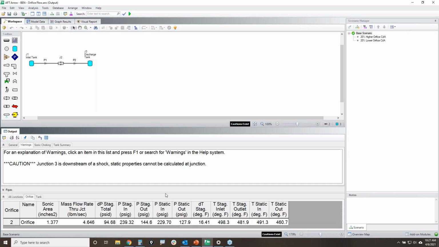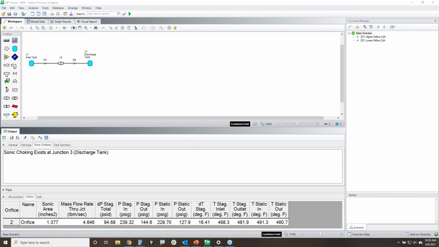If I go to the sonic choking tab, you can see here that we have sonic choking at the discharge tank. So the gas velocity for this pipe is increasing significantly, and we're going to reach a Mach number of 1 at the discharge tank.